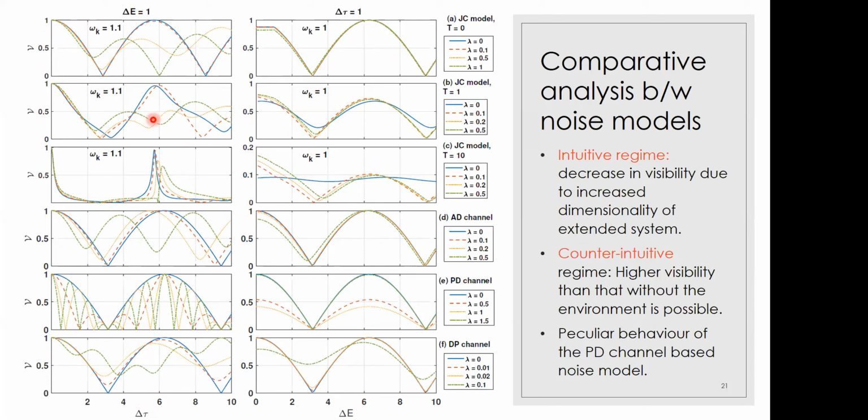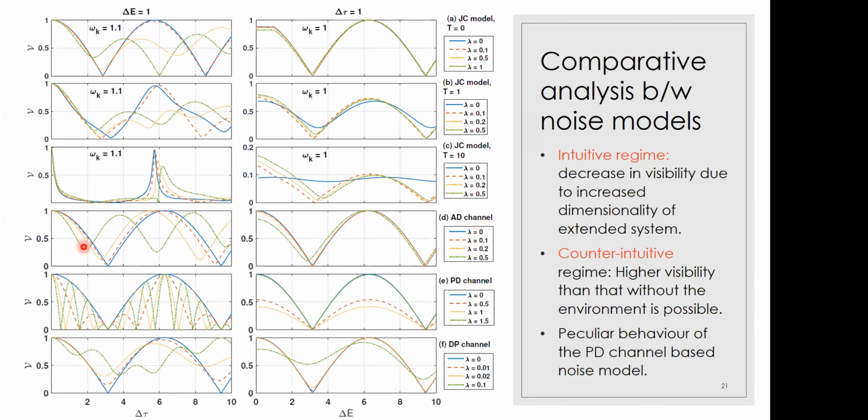So what happens here is we see that for channel-based noise models, which are D, E, and F, the blue lines represent non-noise evolutions of the clock, and there are significant deviations as the noise parameter increases. Again, in the low noise regime, that is for small proper time difference, one can see that depending on the noise parameter lambda, there is a fall in visibility in all the models.